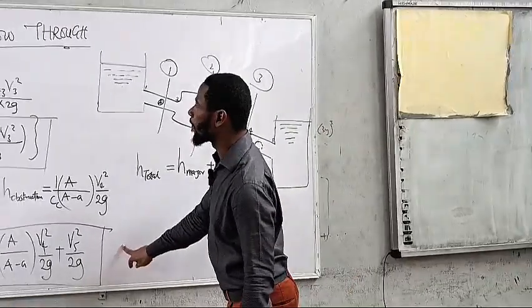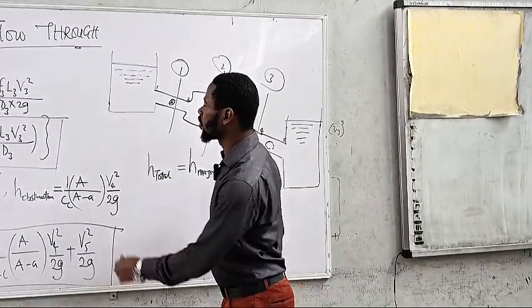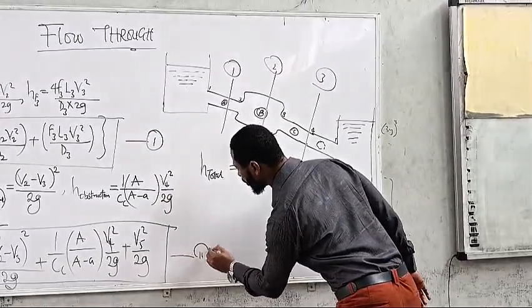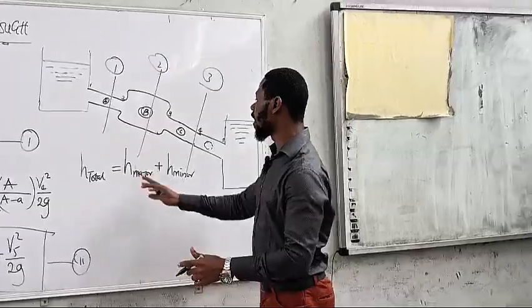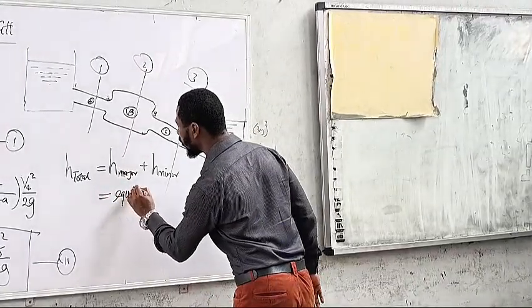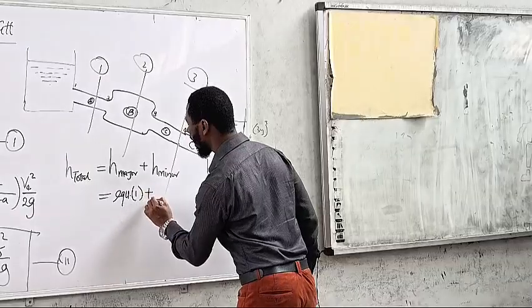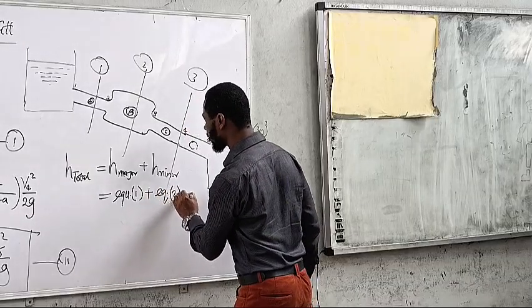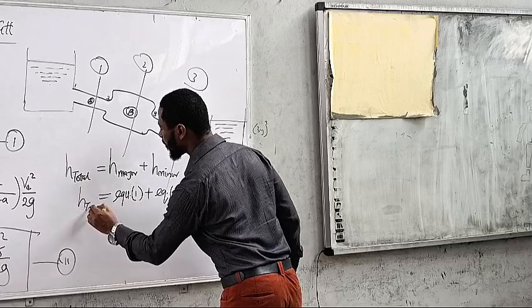Let's name the major one equation 1, and this one equation 2. So you add equation 1 and equation 2 together, and you have the total head loss in the pipe.